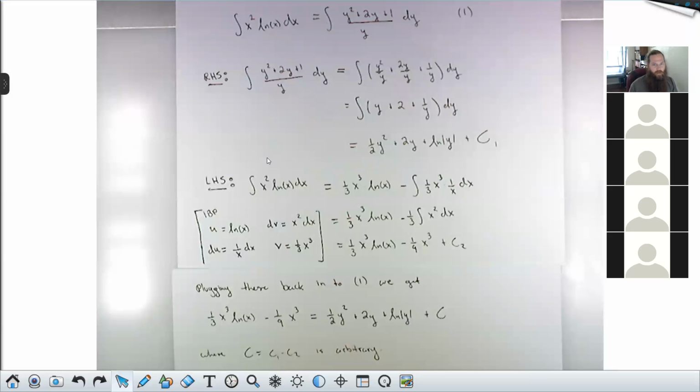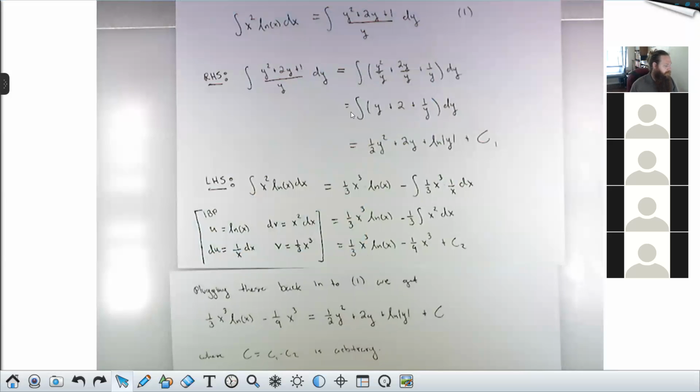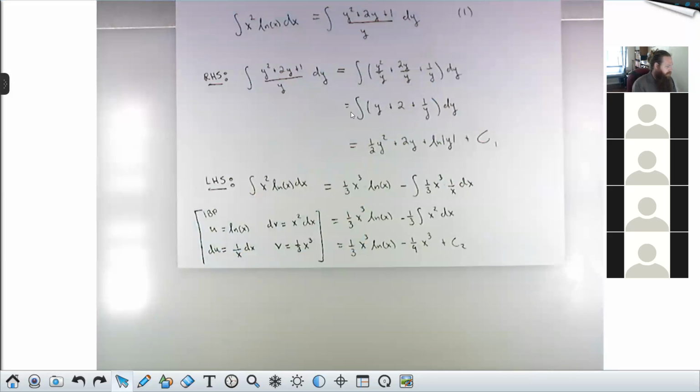Even though this is not a hard problem, if you try to write this whole expression at every step, you've got to do some integration by parts on one, you've got some algebra on the other. It's possible to get things very messy and quite hard to read. So take your time, think about how you're organizing your work. It'll help, I promise. An organized brain is a high functioning brain.